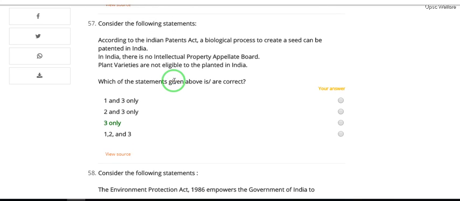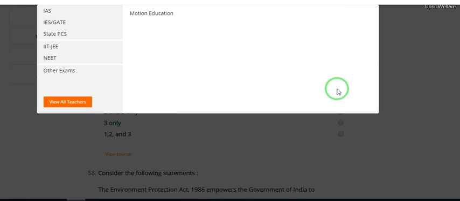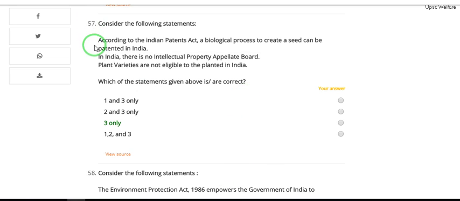So according to the Indian Patent Act, the first statement, that the biological process to create seed can be patented in India, is going to be incorrect. Why?